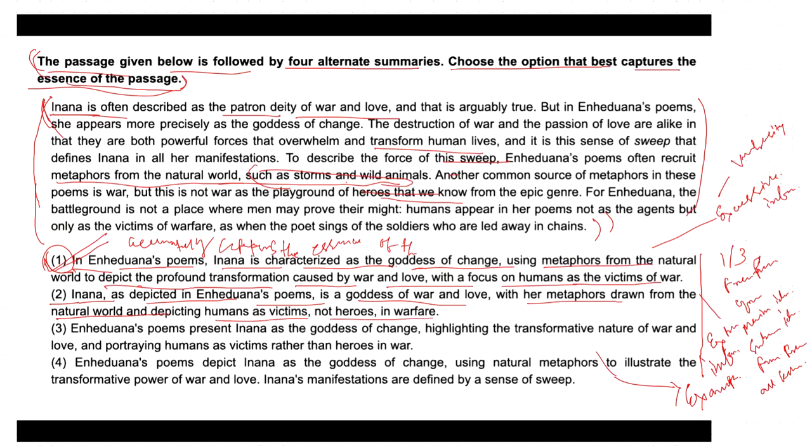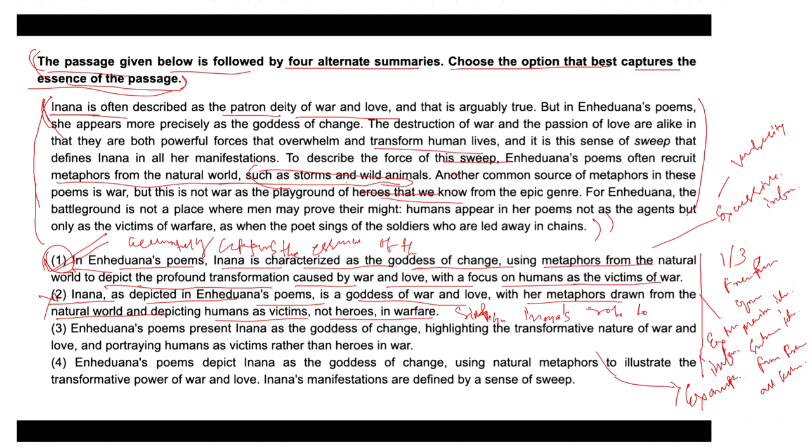Option two simplifies Inanna's role to being a goddess of war and love without mentioning the key idea of her representing change. It also briefly mentions humans as victims in warfare, but lacks the emphasis on the natural world metaphors. So you can consider option two eliminated.